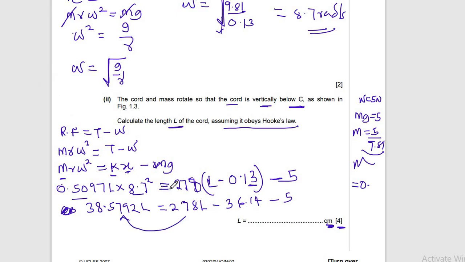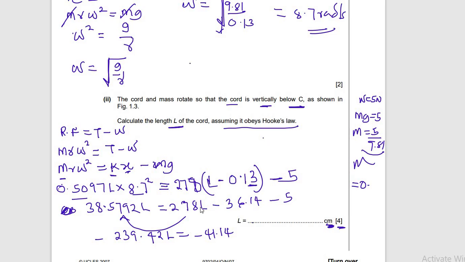Collect the like terms. When you subtract 38.579 minus 278, we have minus 239.42 L equals minus 41.14.